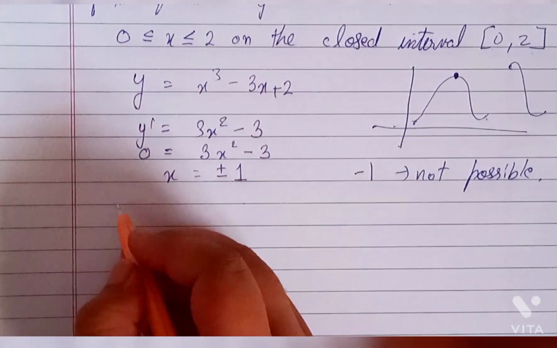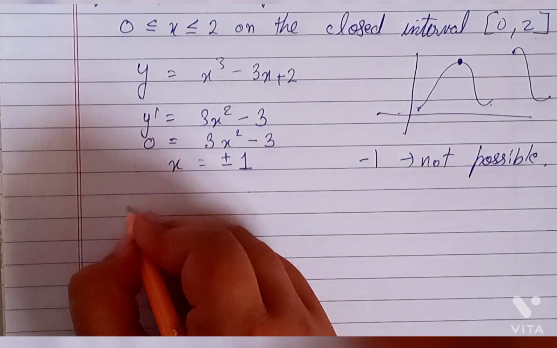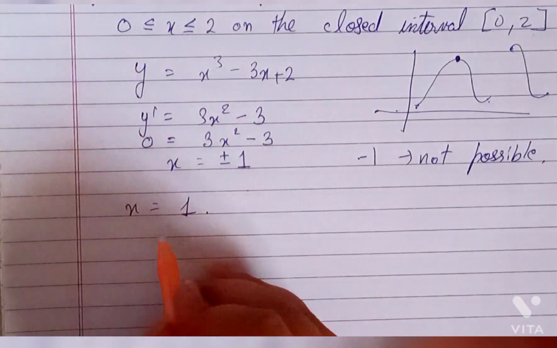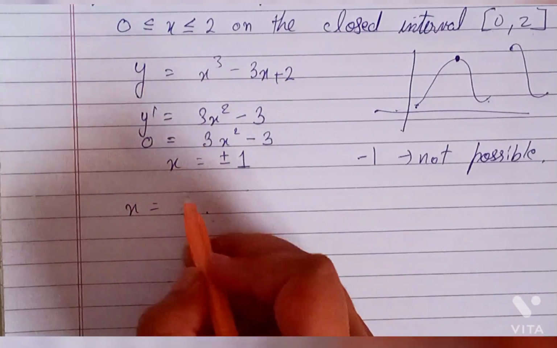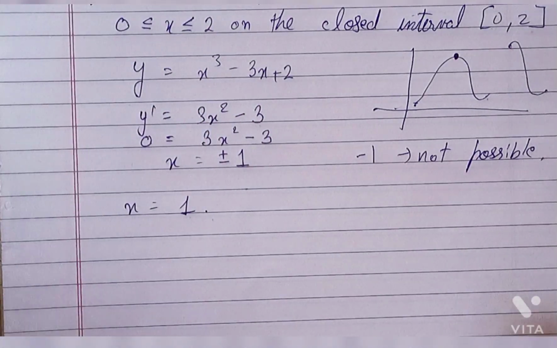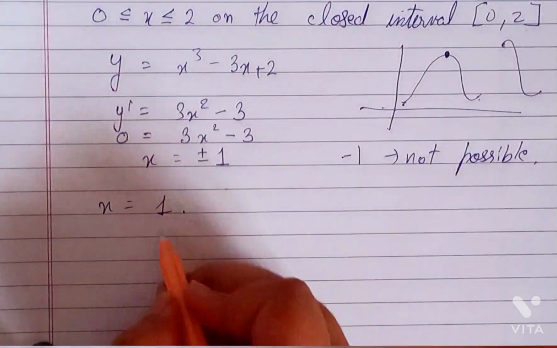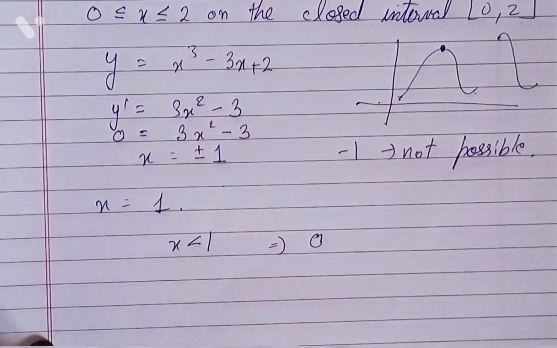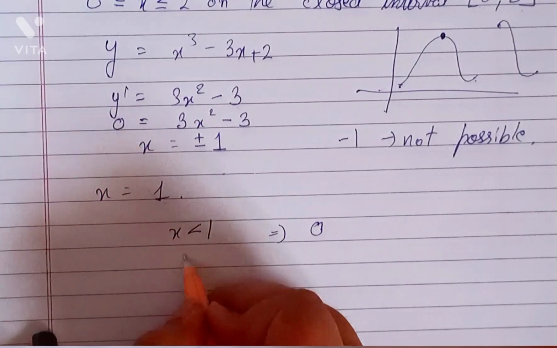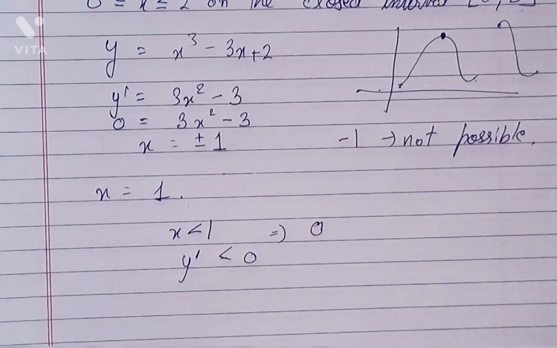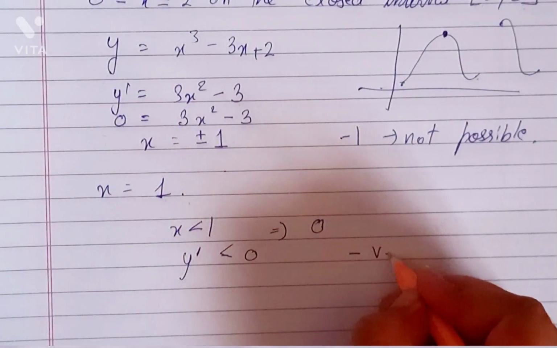So for x equals 1, for checking at this point, put 1 into y dash. You'll get y dash as 0. Now when x is less than 1, suppose it to be 0, putting into y dash we'll get y dash less than 0, that means a negative quantity.